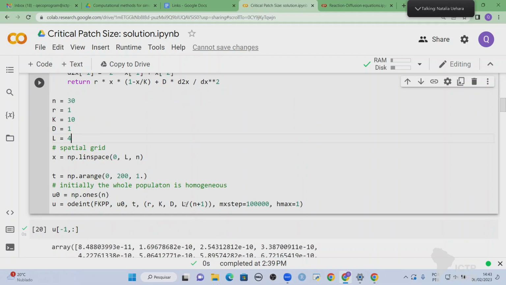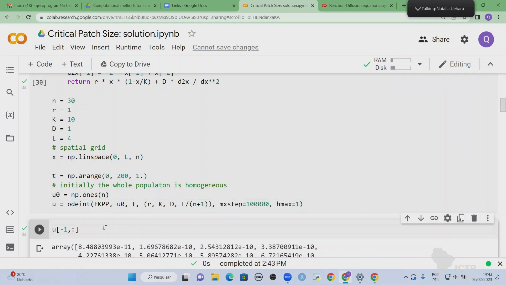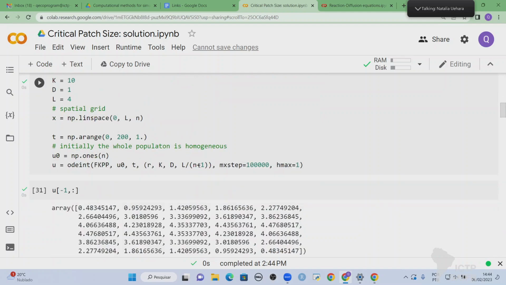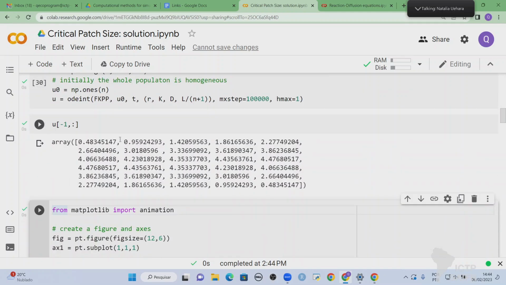You see here my dx is L divided by n plus 1. This is a bit weird, but let's see. Remember that the boundary conditions here should be 0, right? So the first element should be 0 and the last element should be 0. But that's not really what happens, you see?